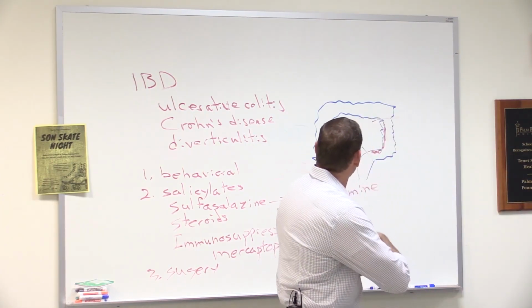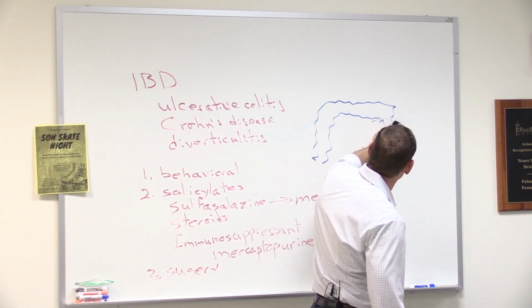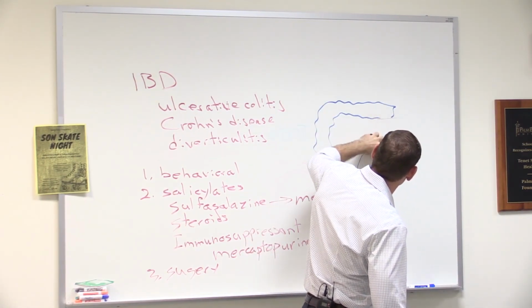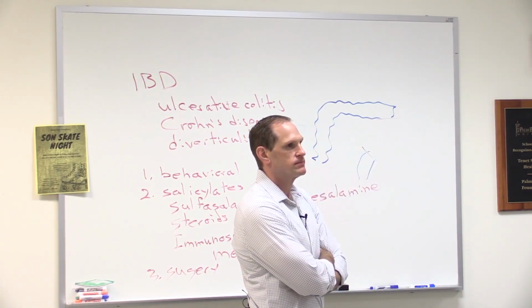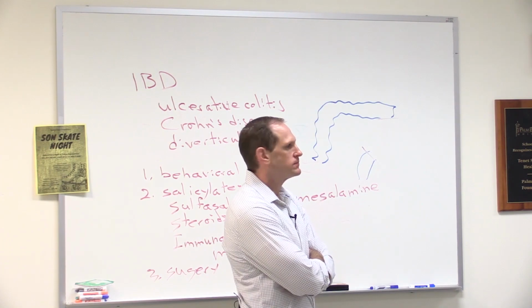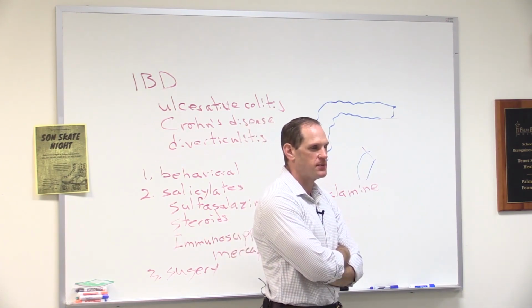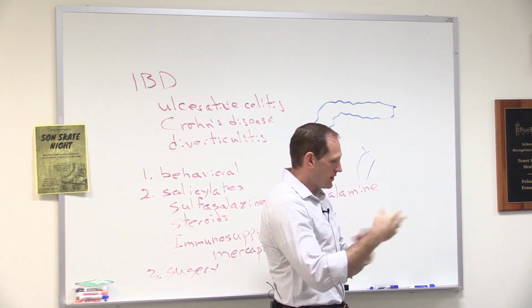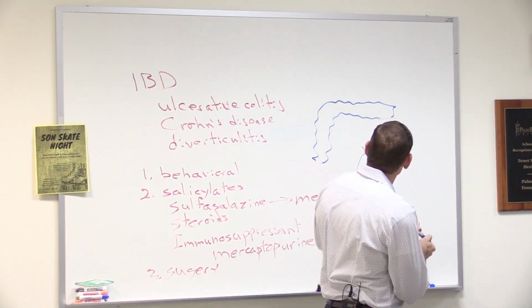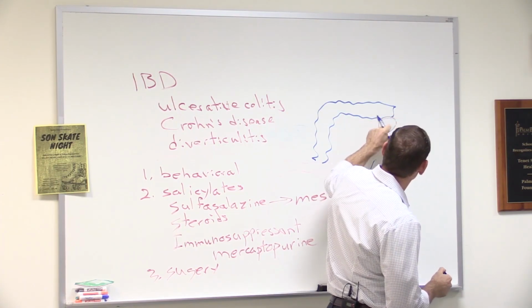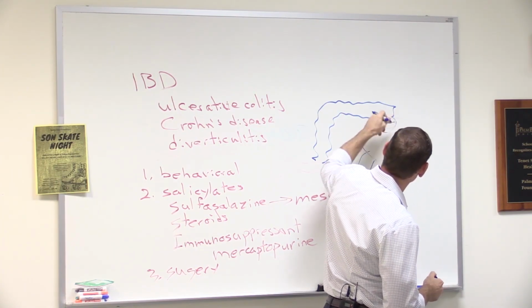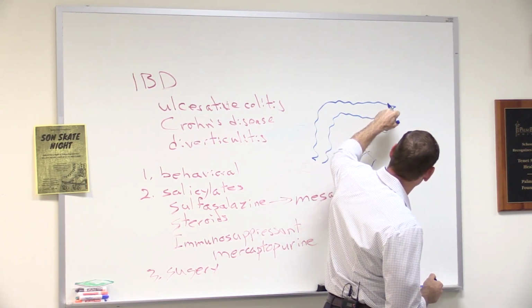Now, what happens now? You got two possibilities. What are your two possibilities? Ostomy. Okay, so one, we're going to take this to the surface, and the patient's going to have a stoma. They're going to have an ostomy.